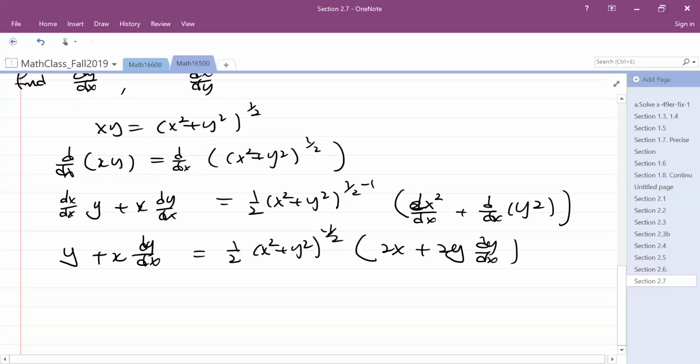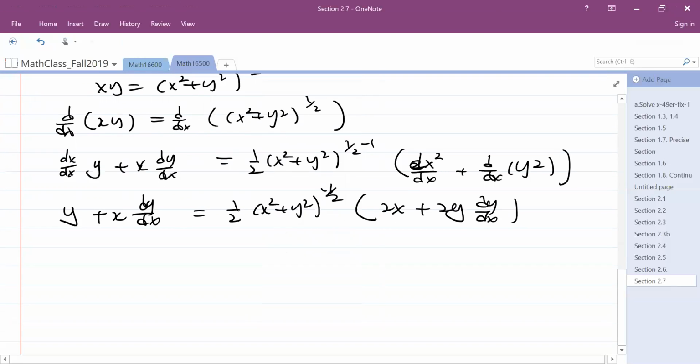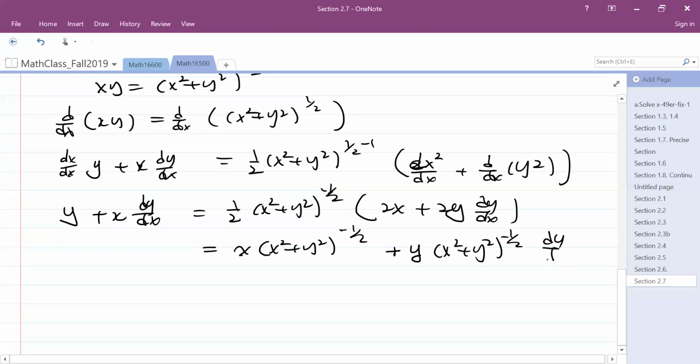Okay, we have to solve for the derivative. It's a little bit complicated, but we have to be careful and solve it. It's linear in the derivative. So multiply this out first. So I get x times x squared plus y squared to the negative 1/2. Then I times y, x squared plus y squared to the negative 1/2, dy over dx.